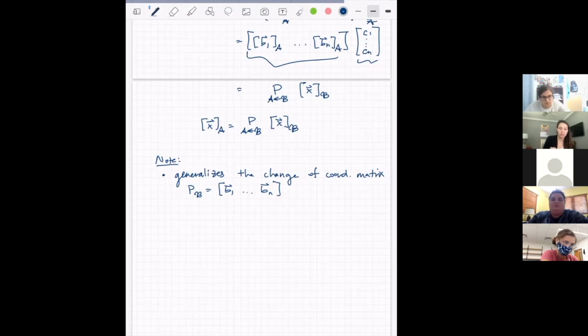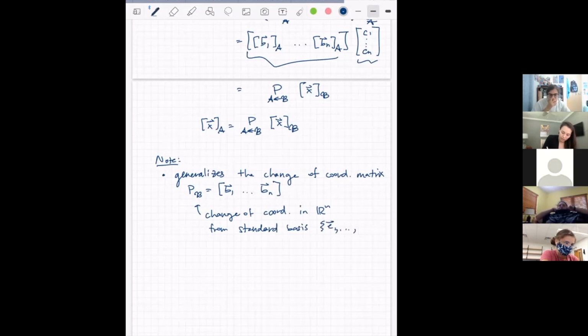We call this a change of coordinate matrix. This is the change of coordinates in Rn from the standard basis. That's the one where we have the standard coordinate vectors, E1 up to En.